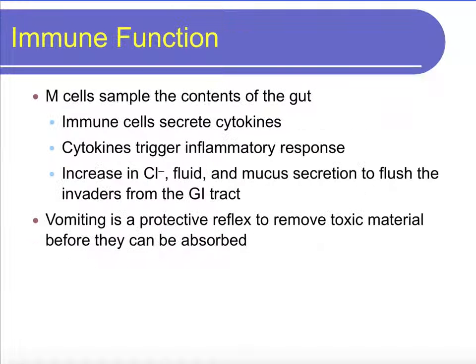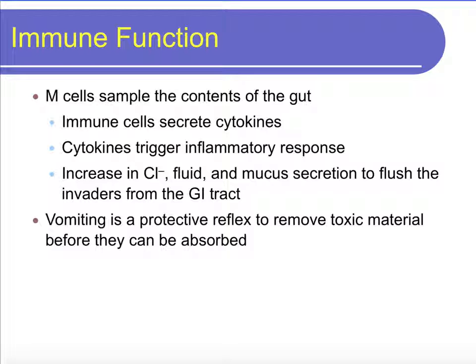And then finally, the immune system plays an important role in our GI tract. So we have these cells called M cells, and what they do is they sample the contents of our gut, and if they notice anything that's there that shouldn't be there, it will stimulate an immune response.